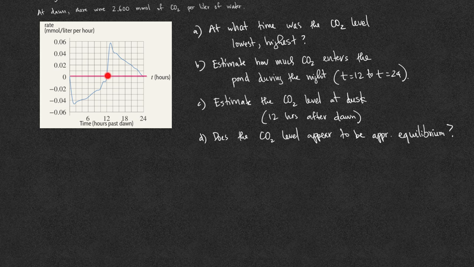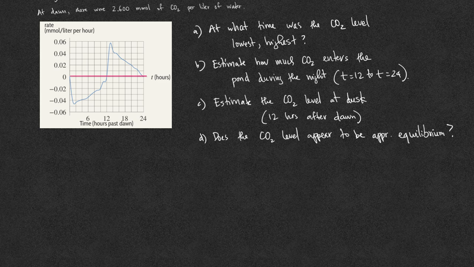From 0 to 12 it is daytime, and from 12 to 24 it is nighttime. From 0 to 12, the CO2 level is decreasing, and from 12 to 24, the CO2 level is increasing.